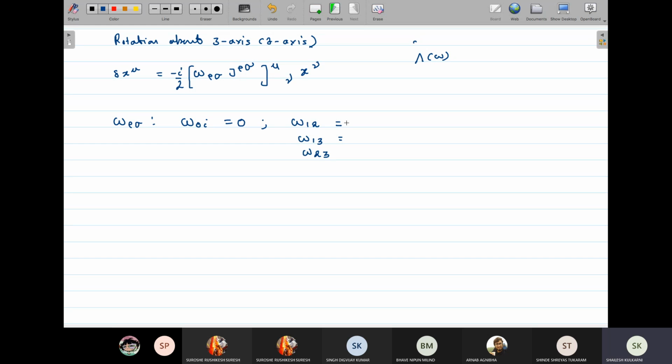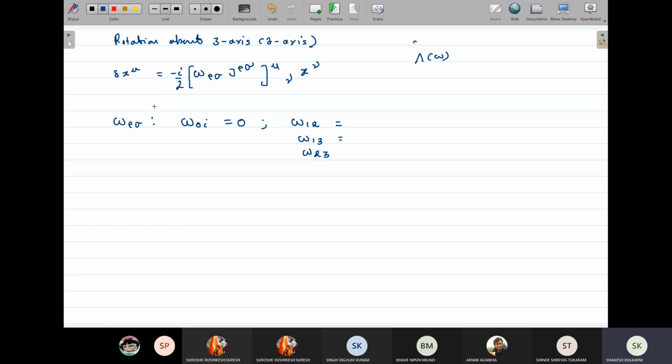If I know these, then I know omega 2 1, omega 3 1, omega 3 2. What should I take for omega 1 2? Can anyone tell me?